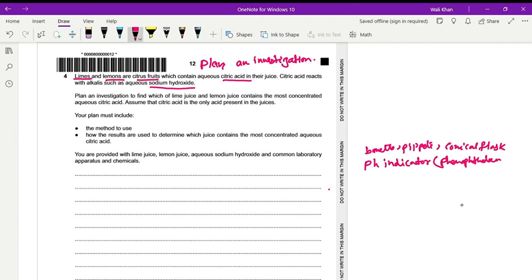I mention phenolphthalein because it is used in laboratories and is easily available. Okay, now we start with our method. So here we perform a titration. Now write down the first step.